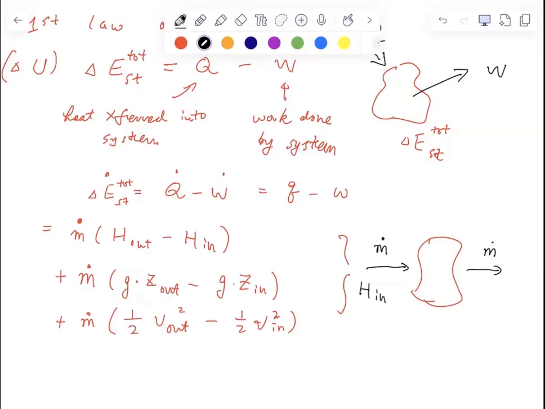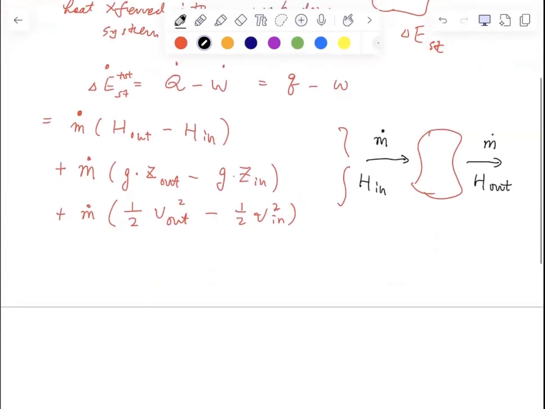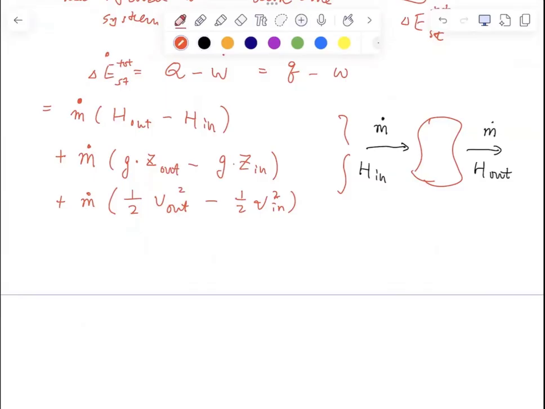However, the enthalpy of the material that goes into the system versus leaving the system is different: H in and H out, the enthalpy at the inlet and the enthalpy at the outlet. For chemical engineering cases, we are dealing with water flow rate, air flow rate, and those things.